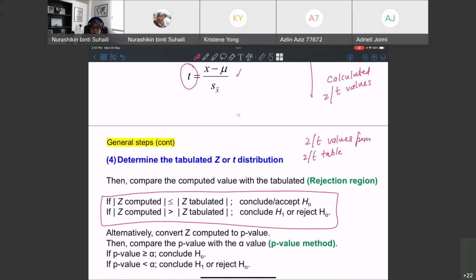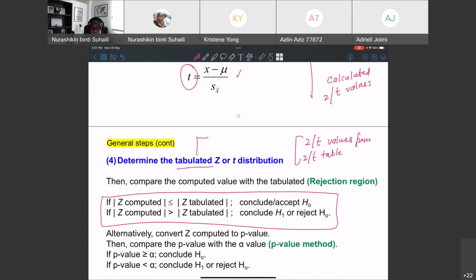These we call the tabulated values. We compare the tabulated values with the computed Z or T and make a decision based on this.